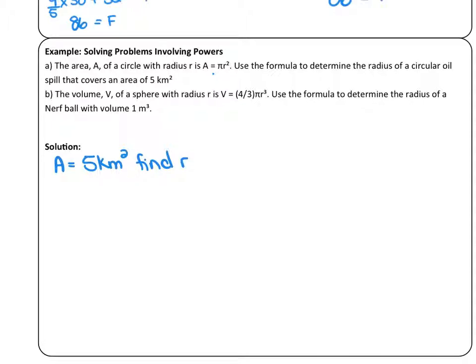So what I usually do is set it up. 5 equals pi r squared. And I actually like method 2, so I'm going to divide each side by pi.